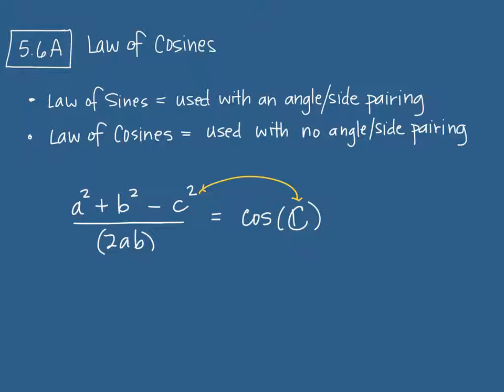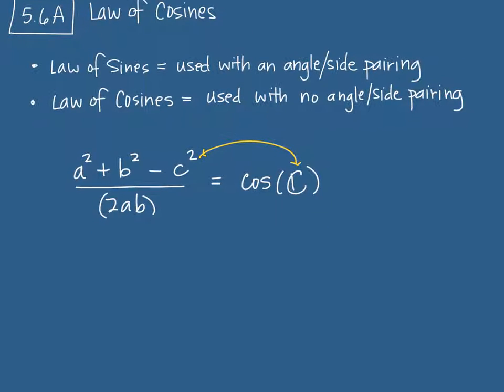Okay, so what I'm saying is we could switch the order of the numerator. We could have b squared plus c squared minus a squared. And if we switched the order of the numerator, then what gets switched over here is the cosine of a different capital letter. So what capital letter would that be now?